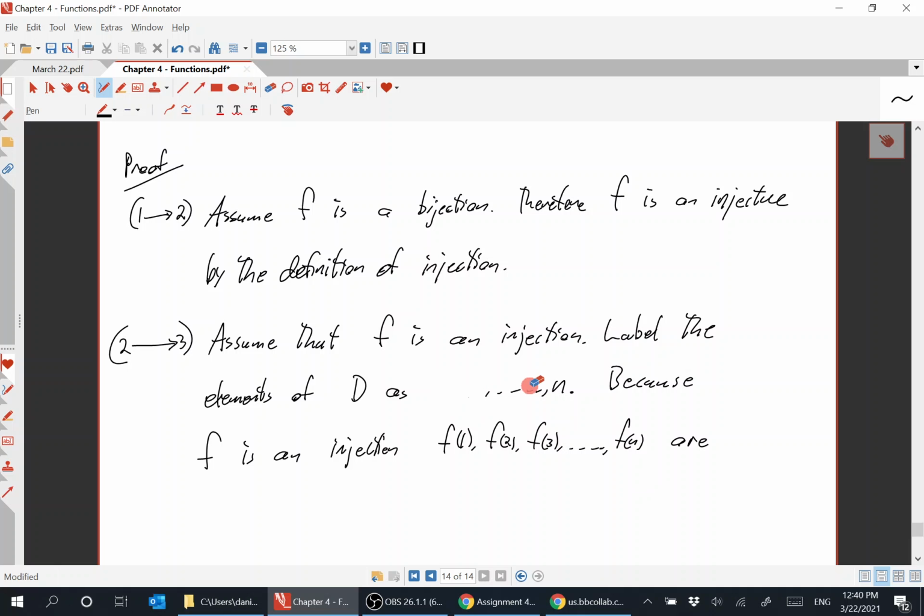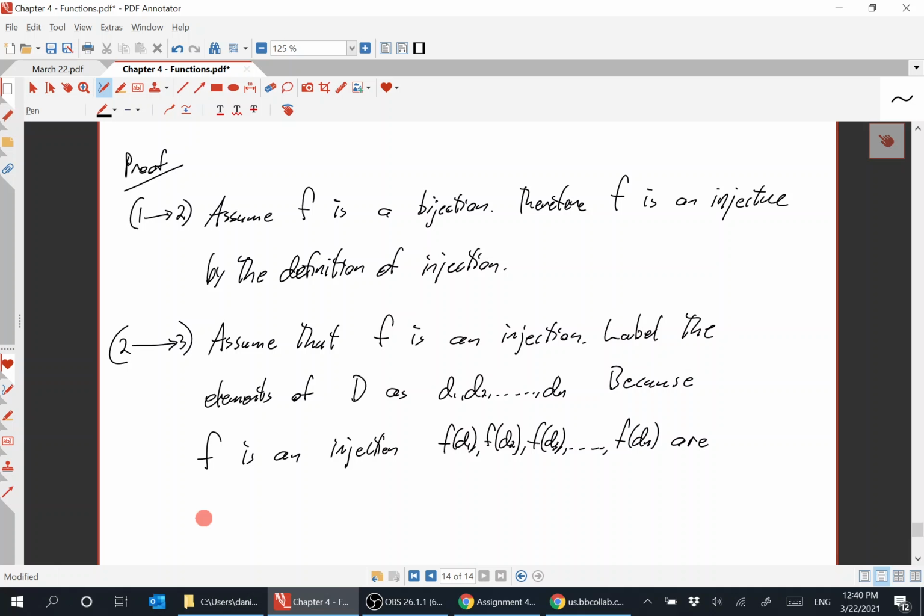Actually, let me use a different notation. Instead of just 1 to n, we'll say D1, D2, Dn. Equal to one another? Not equal. They're each unique. They're distinct is the preferred term in this case.